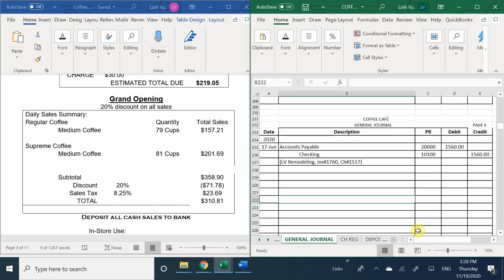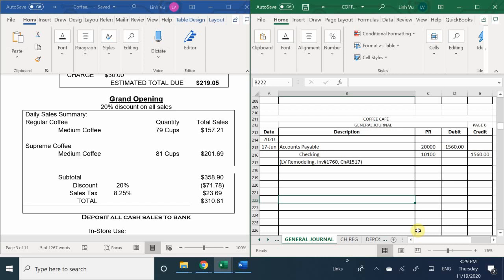Supreme coffee, in a medium, is 81 cups for a total of $201.69. The subtotal was $358.90. A discount of 20% is $71.78. The sales tax at 8.25% was $23.69 for a total of $310.81.